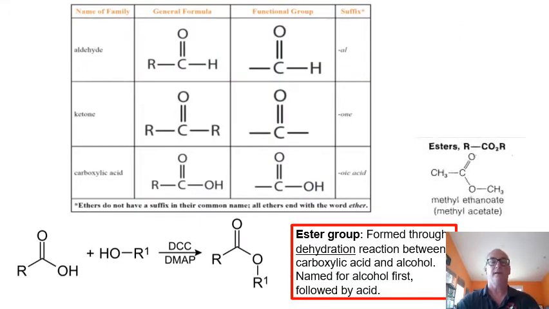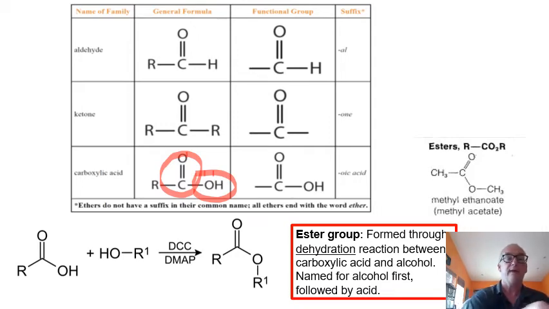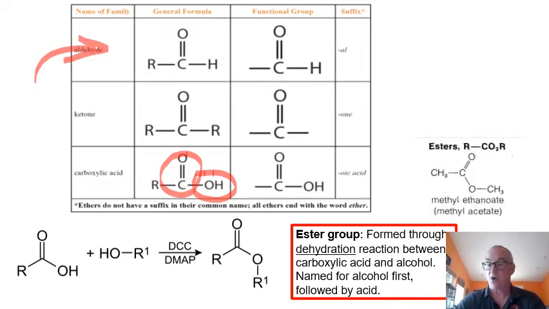Here are some other groups we'll be talking about containing oxygens. We already mentioned carboxylic acids. They have the carbonyl group plus the hydroxyl, which is more active than a typical hydroxyl group. Here we have, you've probably heard of, aldehydes. Aldehydes have the carbonyl group as well, but with a hydrogen next to it.